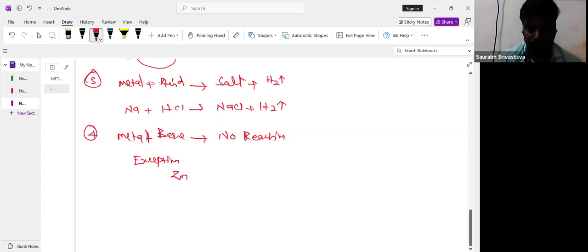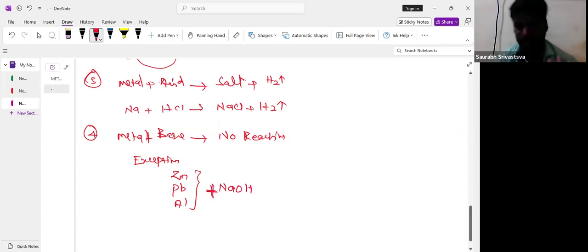Second one, lead. Third one, aluminum. These 3 elements will react with the base. That too, only NaOH. It won't react with other bases, only sodium hydroxide. Then what is the product it will form? Na2ZnO2 plus H2.